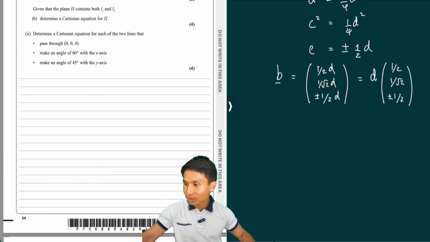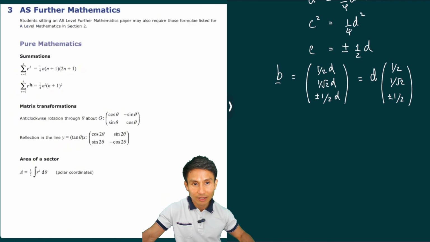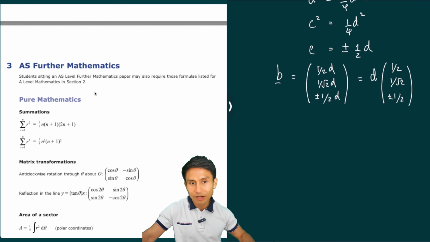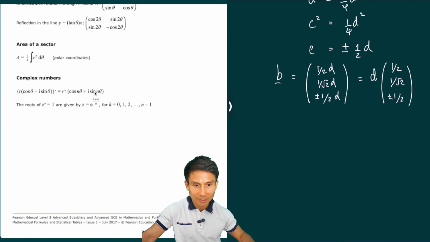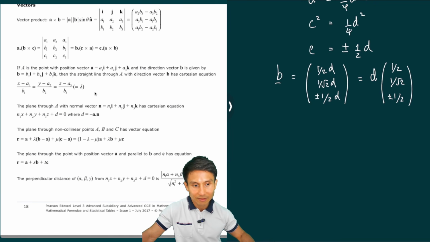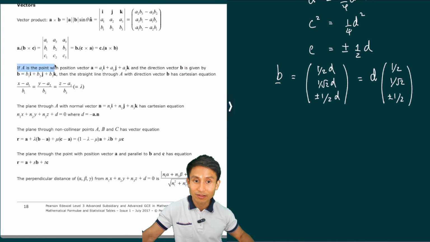Because we know, let's look at the formula sheet. In the formula sheet here, this is in AS further mathematics, I believe it's also in A level, it's effectively the same. So if A is the point with position vector that, and direction vector B is given by that, then the straight line through A and vector B has Cartesian equation.